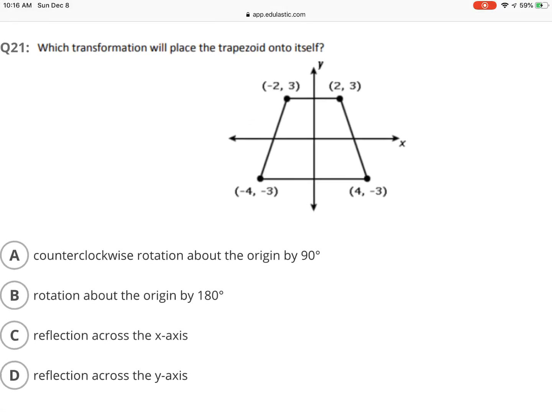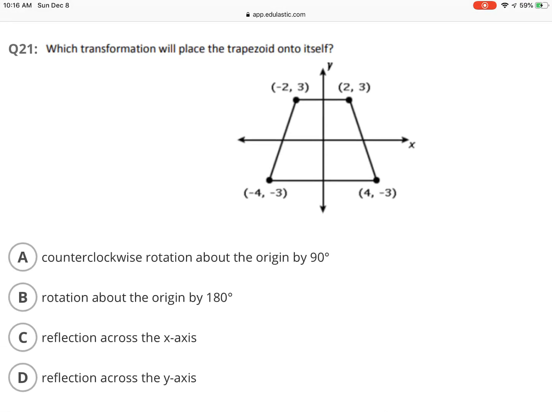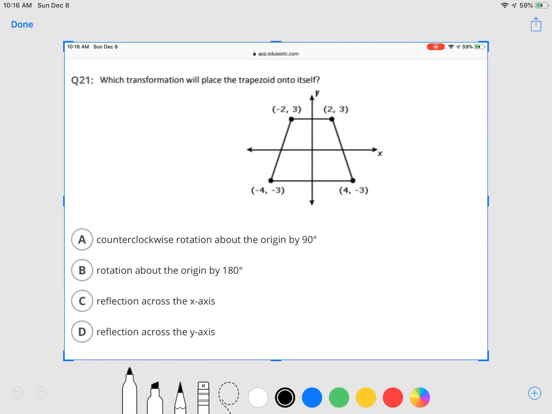Number 21. Which transformation will place the trapezoid onto itself? This one will be a reflection across the y-axis. Okay, so a reflection across this line will work. Why will that work? So remember, when you do a reflection, you can always just go to the individual points.